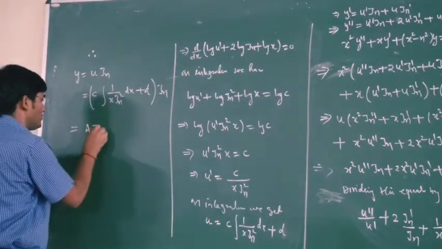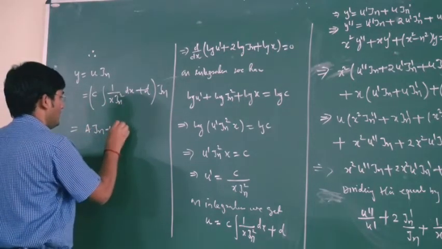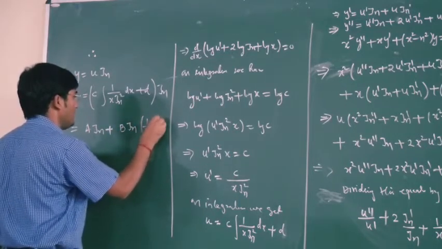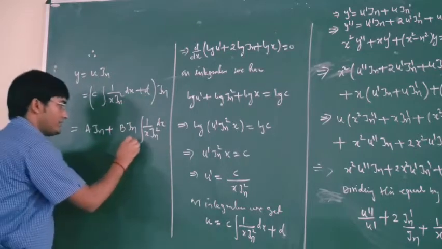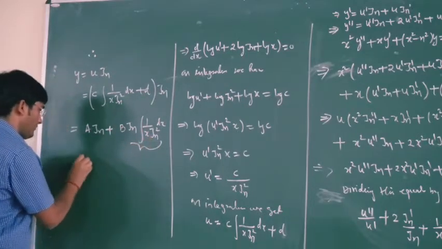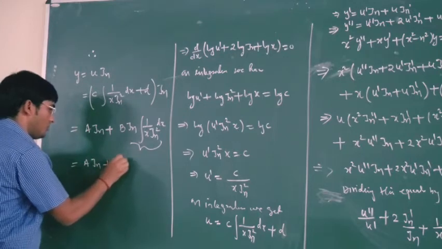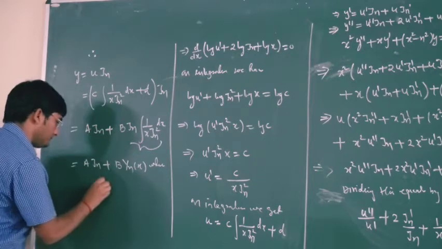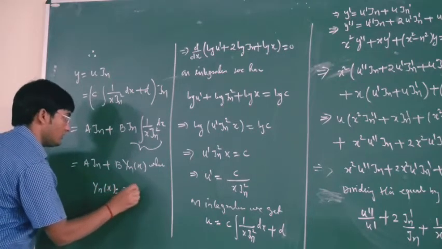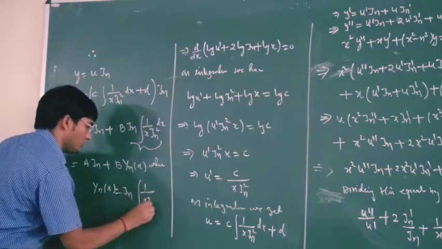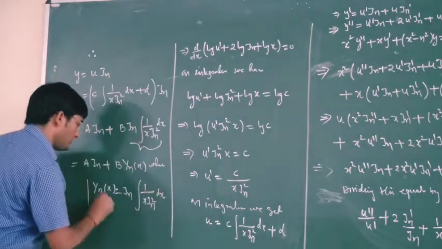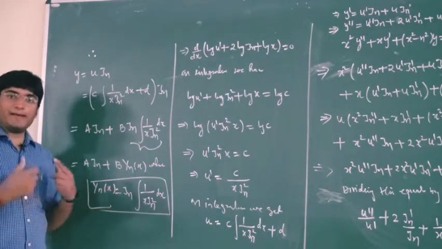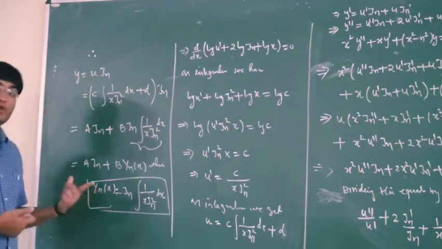So this is a times Jn plus b times Jn into integration of 1 upon x Jn square dx. Let us write this solution with Yn, where Yn is Jn times the integration of 1 upon x Jn square dx.